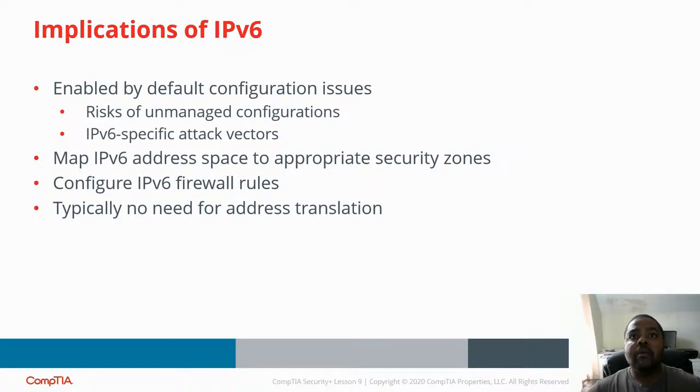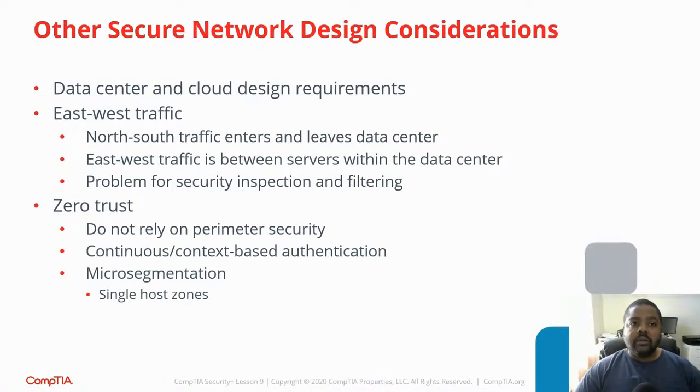So you will see more people using 4 than actually 6. So just keep those things in mind. But it is a more secure method of using network addressing. It's just that we're not ready to actually make that transition over.